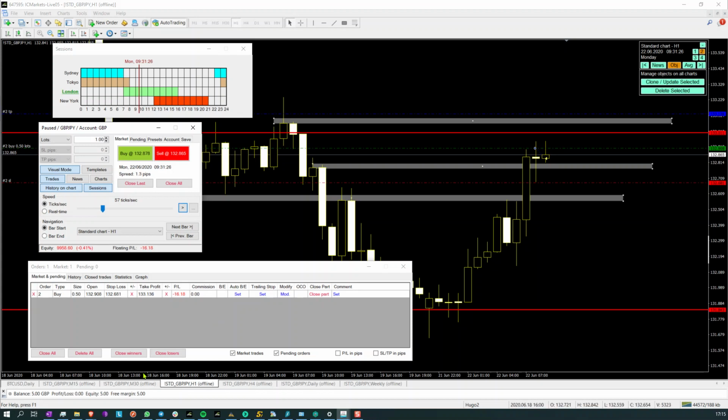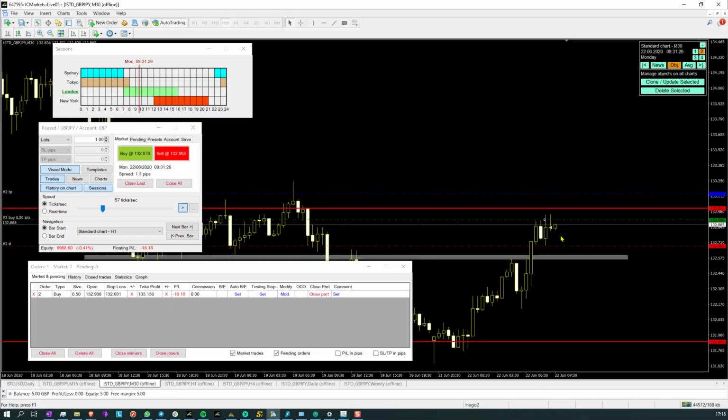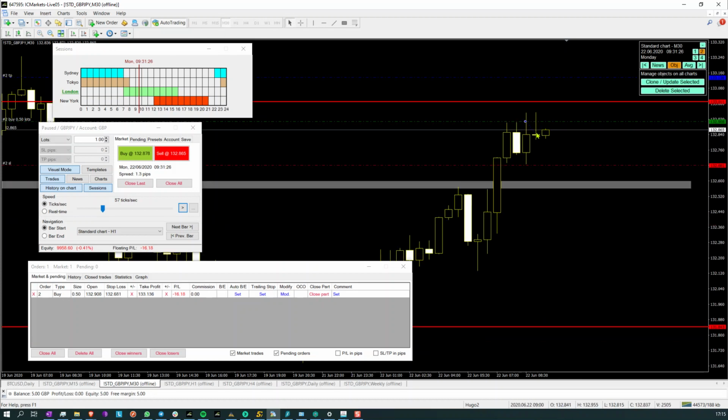Okay, 30 minutes has closed. It closed a dodgy pin bar, shooting star, something like that. Yeah, I already cut 50%, so if we break the low here, I might consider to close another 50%.